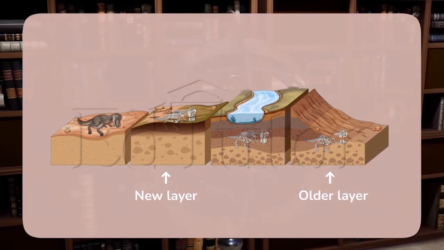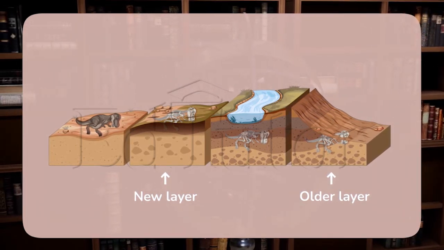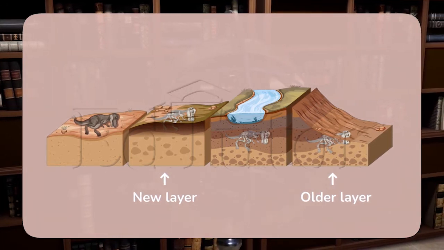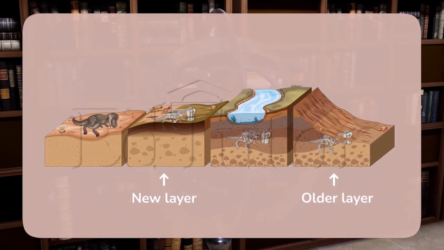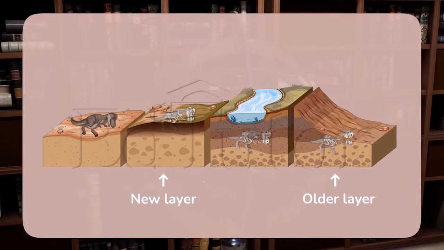This means the older organisms get buried deeper into the layers of the Earth's sediments, while the new layers remain on top. In other words, the older and deeper the layer is, the older the organism would be, provided that the sequence of the layers is not disturbed. This is one of the ways of finding the time period of an organism.